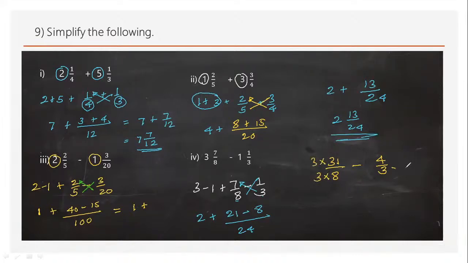This is by 8. This is also 8. 31 into 3, that is 93 over 24 minus 32 over 24. 93 minus 32 is 61 over 24. Even you can write 61 divided by 24, that is 2. 48, subtract from 61, remained 13.